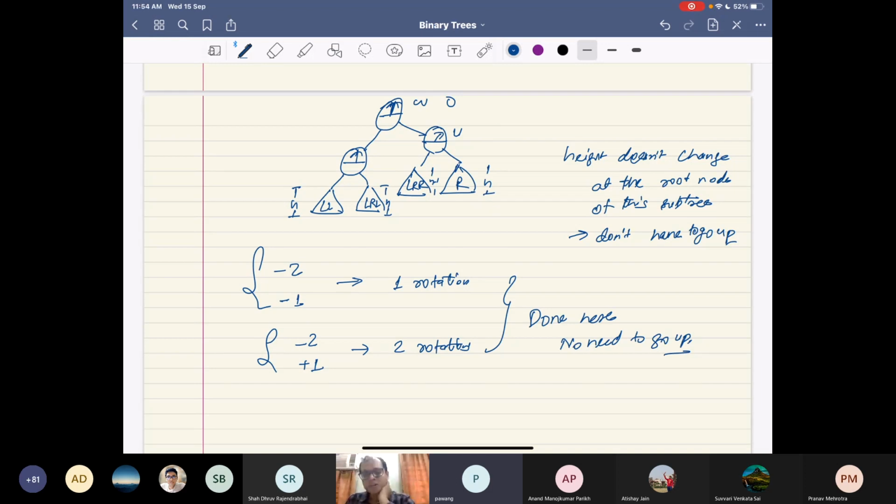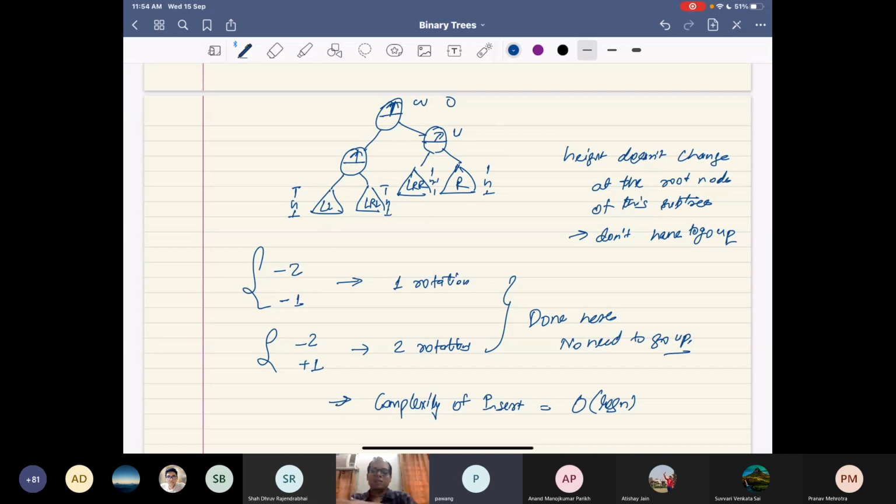So what is the overall complexity of insert in an AVL tree? Order of log n, right? And that is the trick. Rotation is the only trick that we have seen.